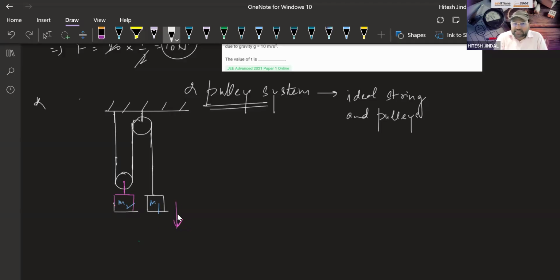So that means if this is coming down, this has to go up. Now, can you tell me the constraint relation here?